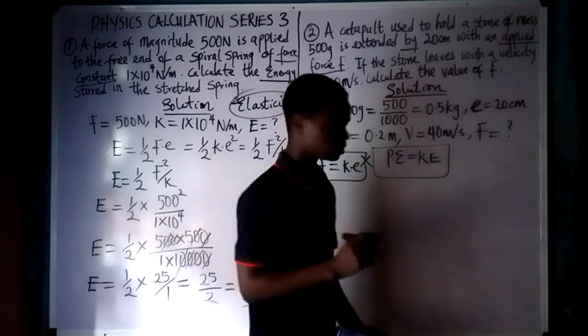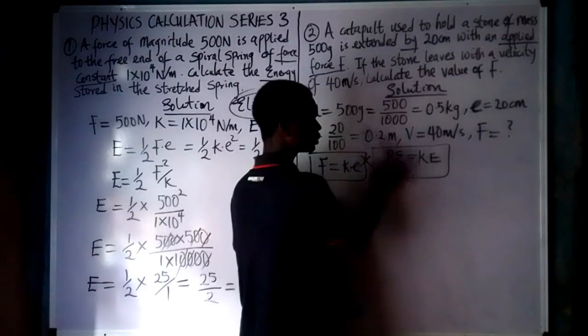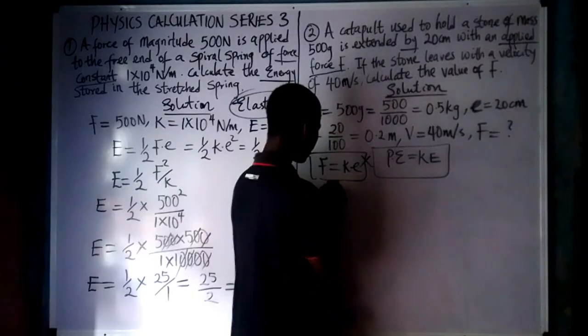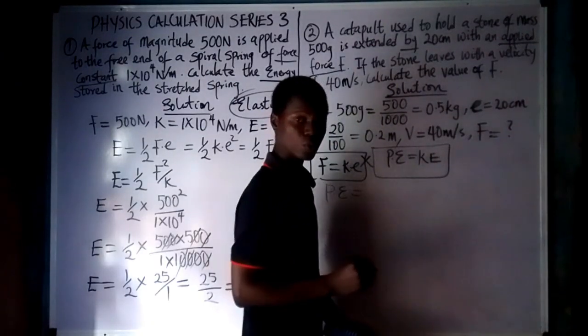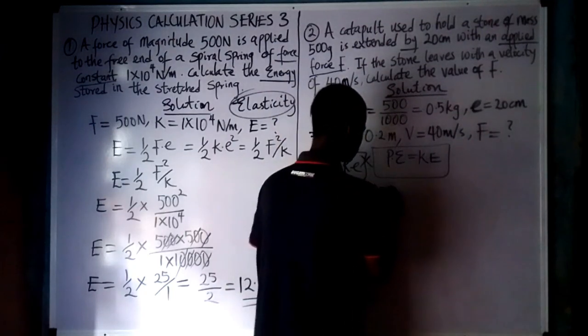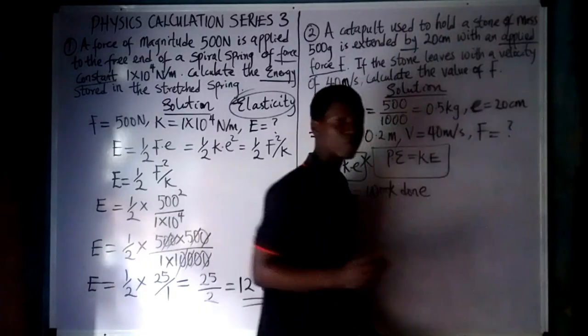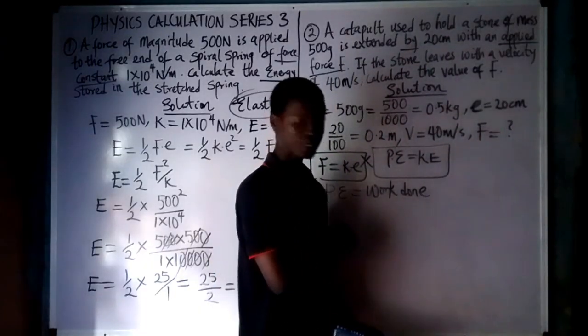Now observe something. Since we know our velocity and our mass, we can get our kinetic energy. And we also know that potential energy, based on what we're taught in elasticity, is the total work done. So we can make use of the formula for work done to get our potential energy.